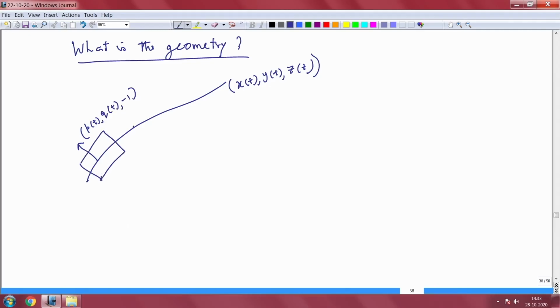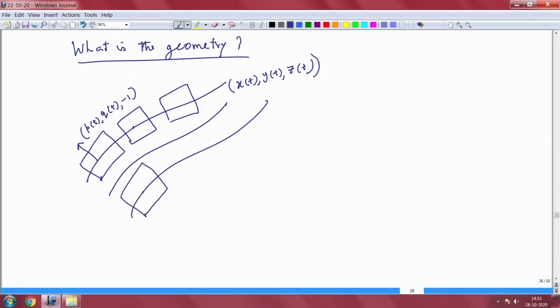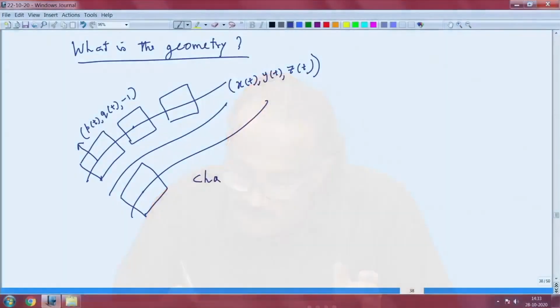At each point you are solving for the tangent plane also, and you have to do this for every curve. But to solve that you need 5 initial conditions, and you are given only 3. So you have to create 2 more initial conditions, and these are called characteristic strips.